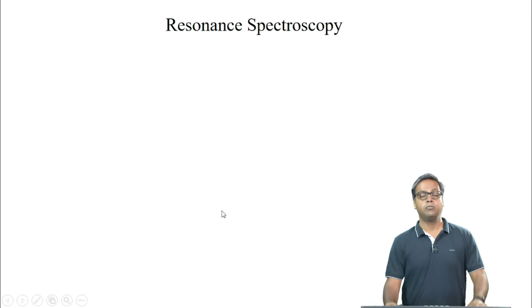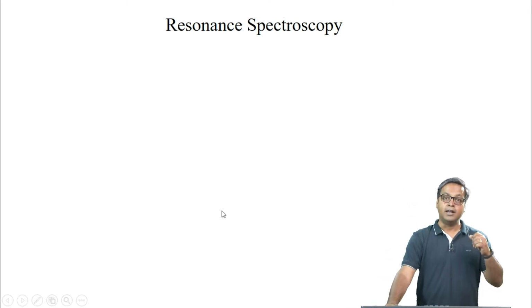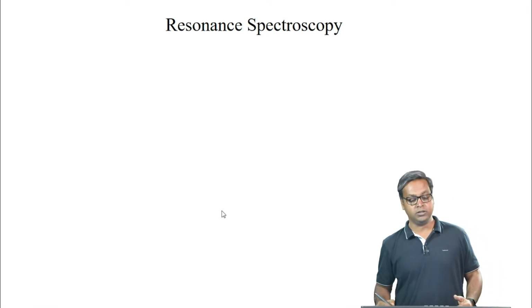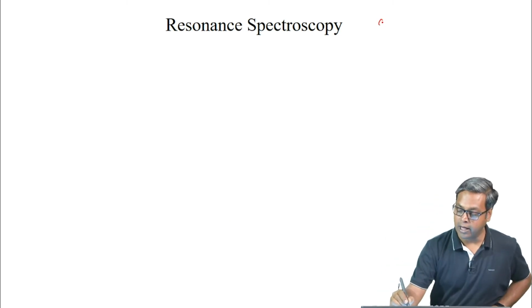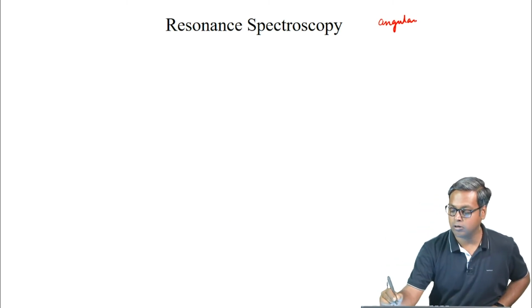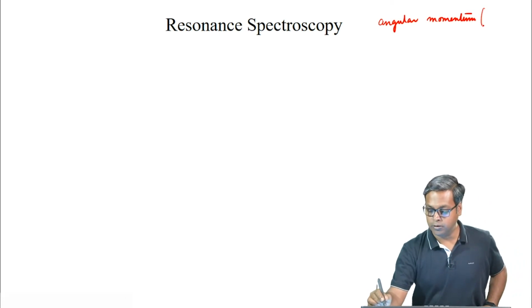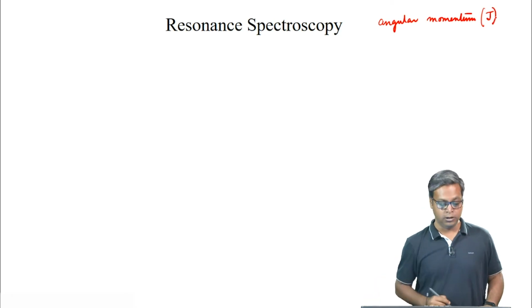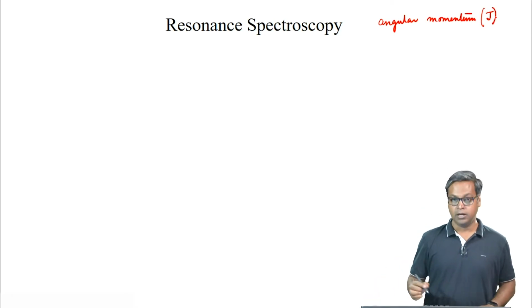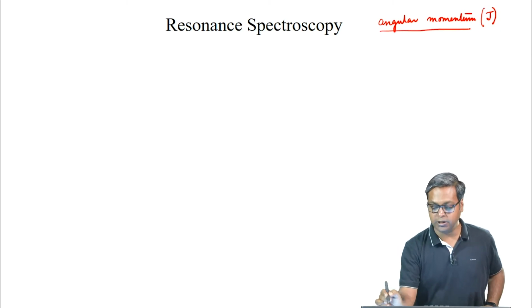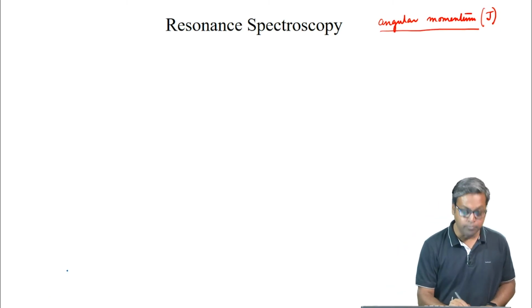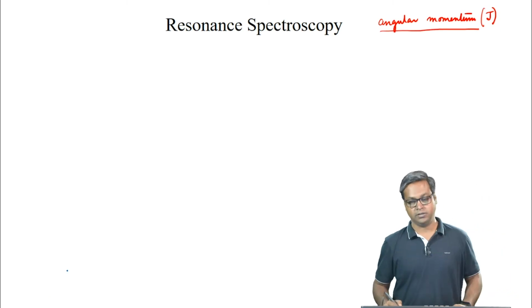So, before proceeding further, let us study the general properties of angular momentum. The angular momentum is in general denoted by J. So, let us study the general properties of angular momentum in quantum mechanics.